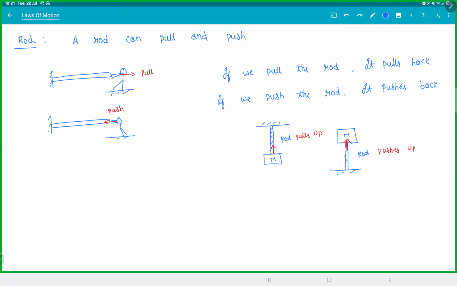But with the string, we have a problem. We saw this in strings. Strings can only pull, they can't push.